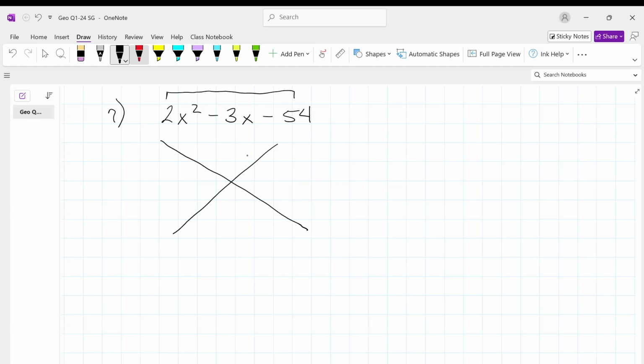So 2 times negative 54 is negative 108. The B goes in the bottom, so negative 3. We're multiplying to negative 108 and adding to negative 3. So we're going to list the factors of 54. I'm sorry, we're going to list the factors of 108.